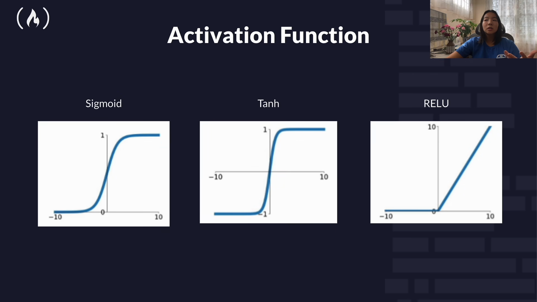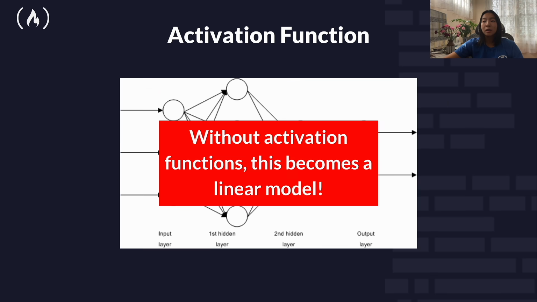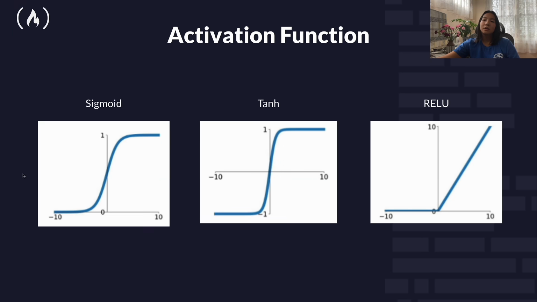An activation function might look something like this. And as you can tell, these are not linear. And the reason why we introduce these is so that our entire model doesn't collapse on itself and become a linear model. So over here, this is something known as a sigmoid function. It runs between 0 and 1. Tanh runs between -1 all the way to 1. And this is ReLU, which anything less than 0 is 0, and then anything greater than 0 is linear.